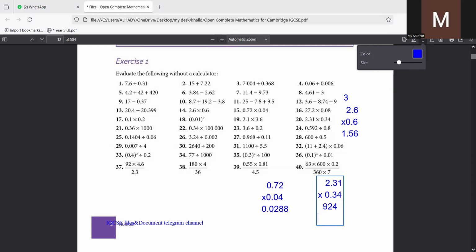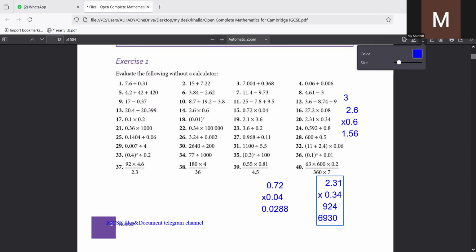So you put the 0 first, because you're multiplying by 3, and it is 34 because we ignored the decimal point. Then you multiply by 3. 3 times 1 is equal to 3. And 3 times 3 is equal to 9. And 3 times 2 is equal to 6.